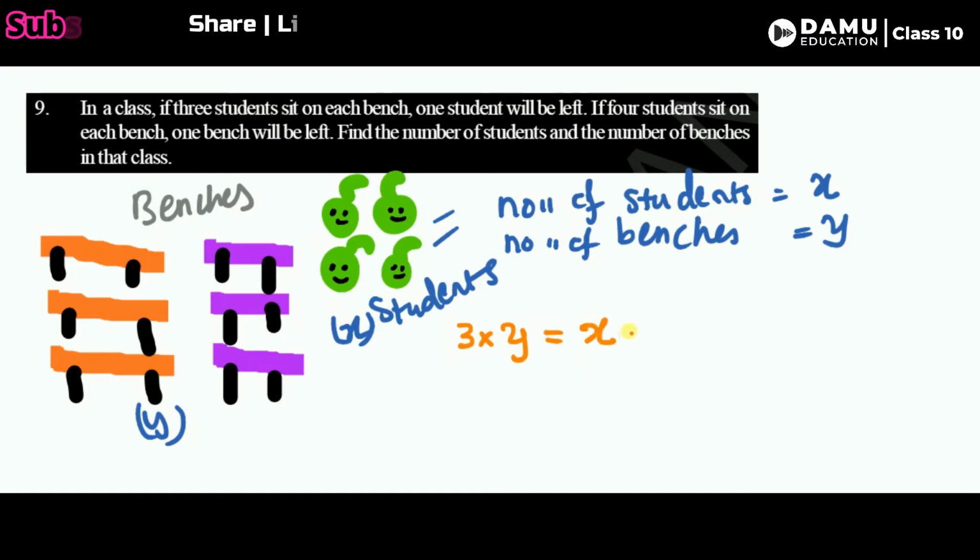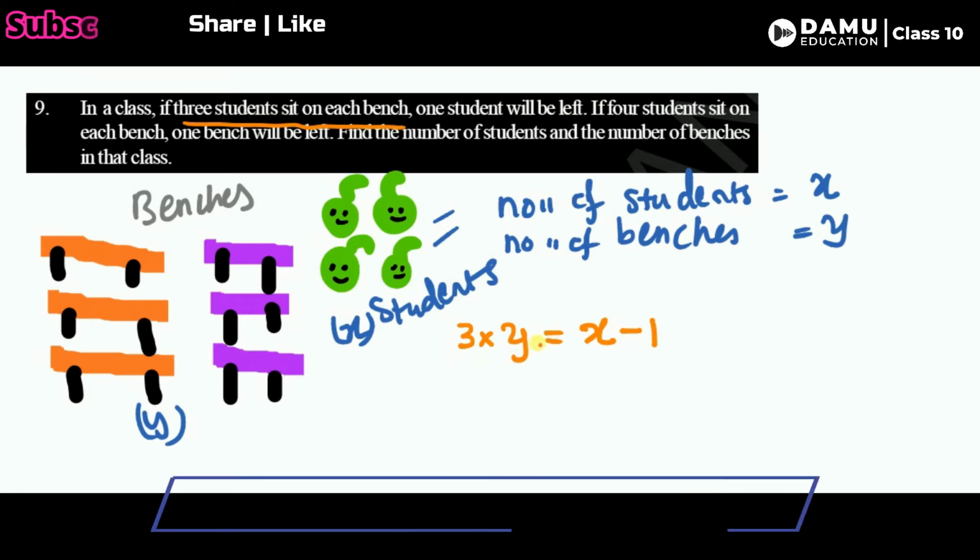For one bench, 3 students, but for y benches, y into 3. That will be equal to the number of students.